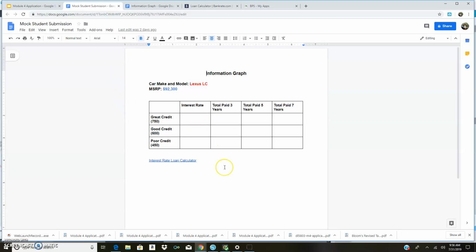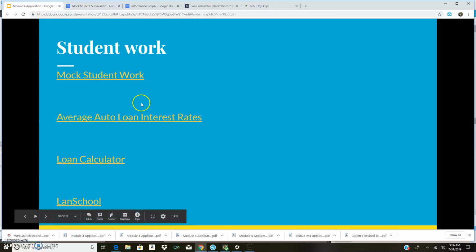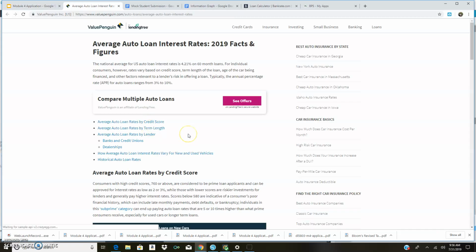One of the obstacles they might face is where to find the information. One way to help them out is to give them links they can use without actually doing the work for them. As you can see, this is a good starting point for information on interest rates based on credit score.